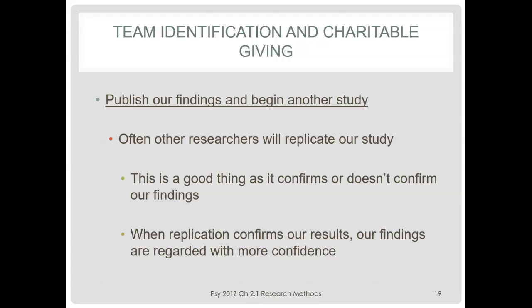We need replication because replication lets us know, were the results of our research just a one-off? Or can we have more confidence in my actual results because other researchers are getting the same or similar results? And so replication can confirm our results and our findings are regarded with more confidence.